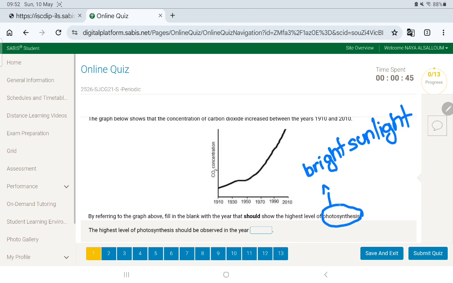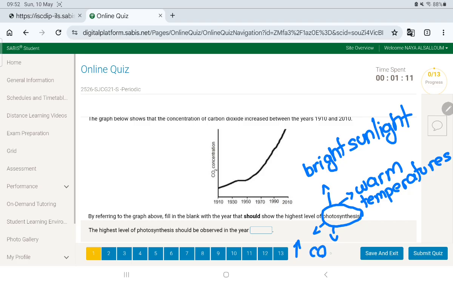It also needs warm temperatures. This is also another factor for better and higher photosynthesis. And the last factor would be high level of carbon dioxide. So here, high carbon dioxide.